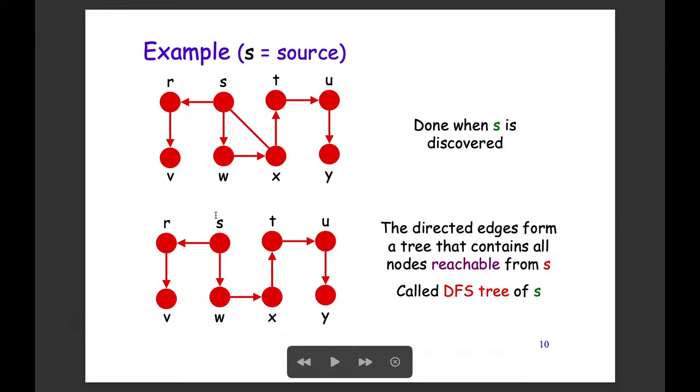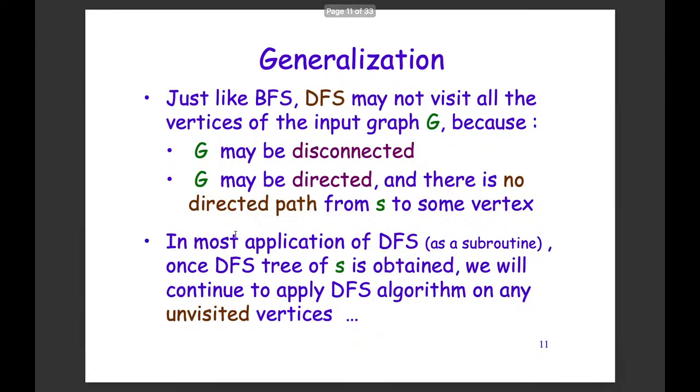It depends on the choice of which neighbor to visit during the running of the algorithm to determine the shape of the tree.